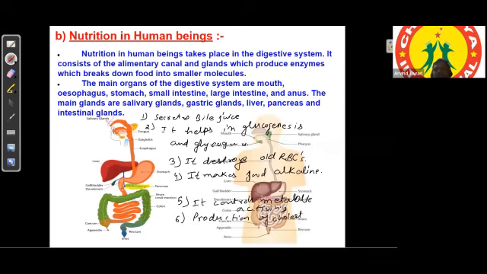Then breakdown of alcohol and medicines. So you have got 7 points here.